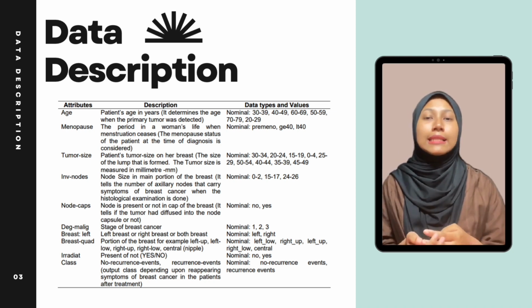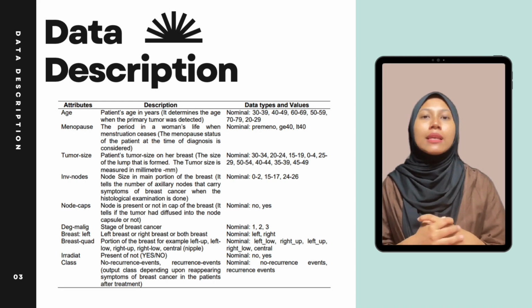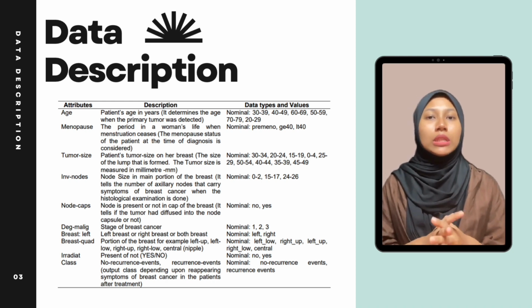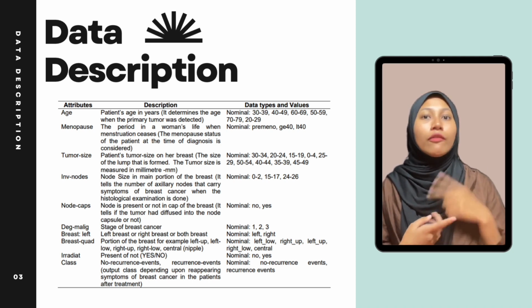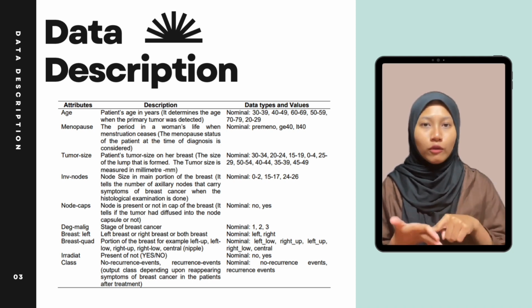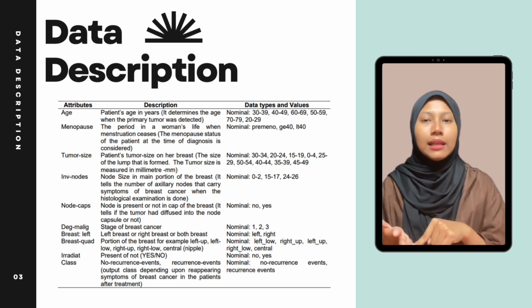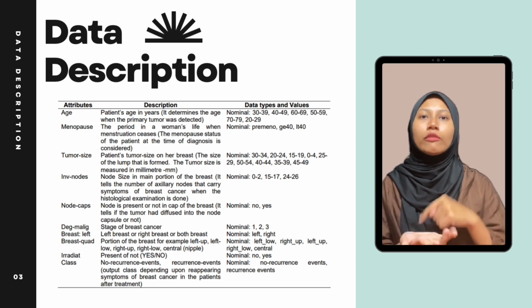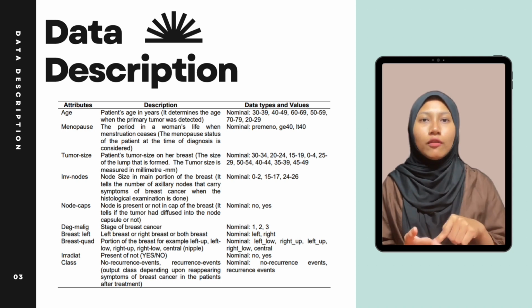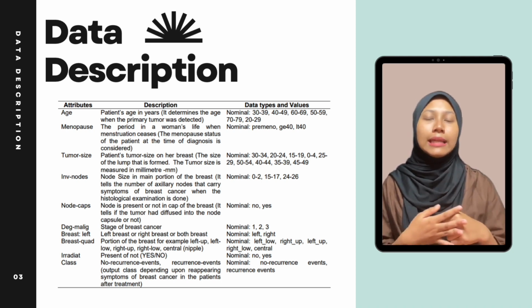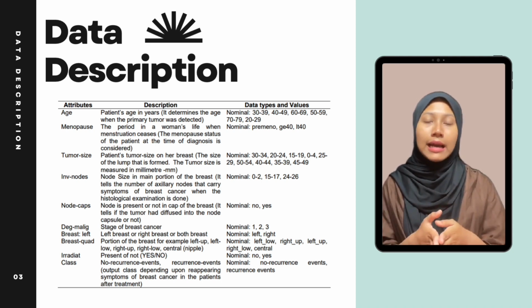For tumor size, it refers to the size of the lump that is formed on her breast. The tumor size is measured in millimeters. The ranges are 30 to 34, 20 to 24, 15 to 19, 0 to 4, 25 to 29, 50 to 54, 40 to 44, 35 to 39, and 45 to 49.